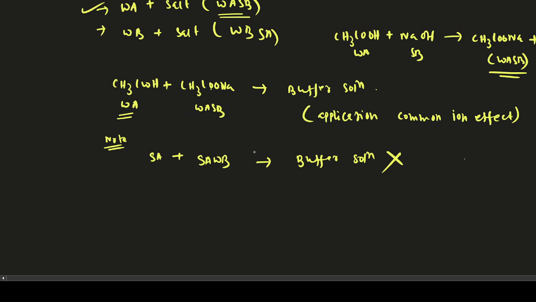That is what the common ion effect says. So for this buffer solution also we need one weak component, and with that one salt is needed. If you take the strong one, then the buffer solution will not be prepared. Okay, so these are the conditions of preparation of buffer solutions.